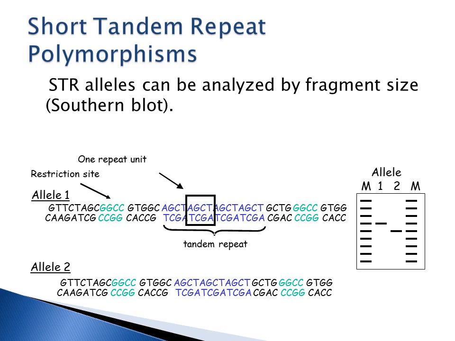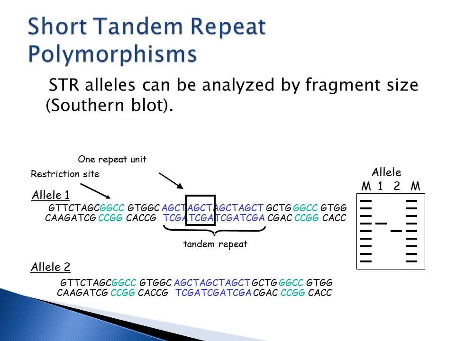So for allele 2, you have the same recognition sequence, GGCC, and you also have a tandem repeat in between the recognition sequence. Now in the first allele, allele 1, we have 4 repeats. In the second allele, we only have 3 repeats.